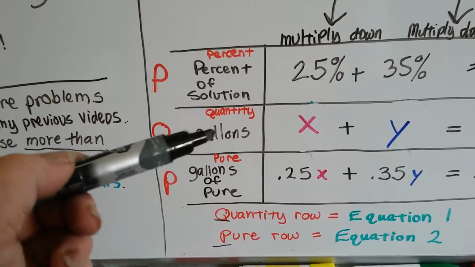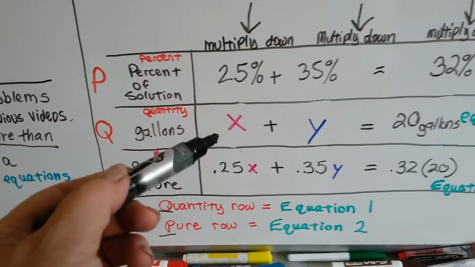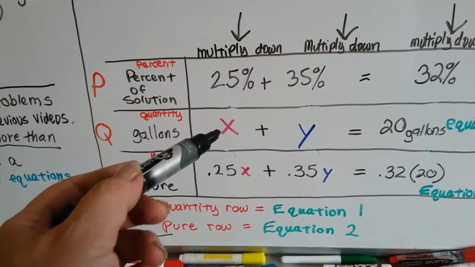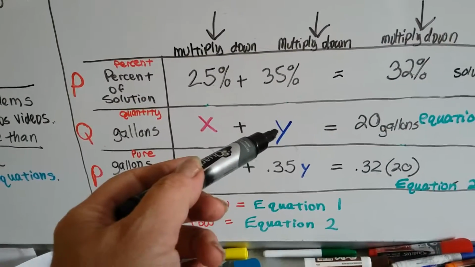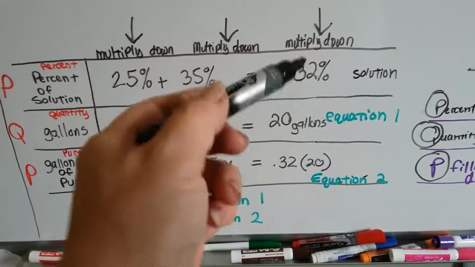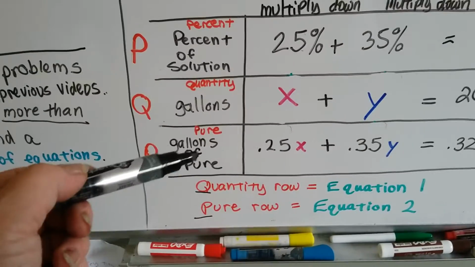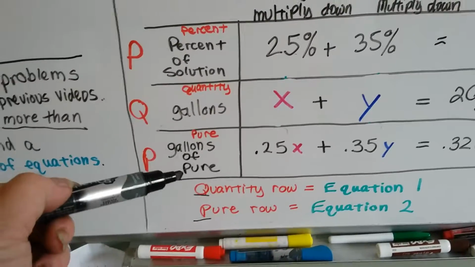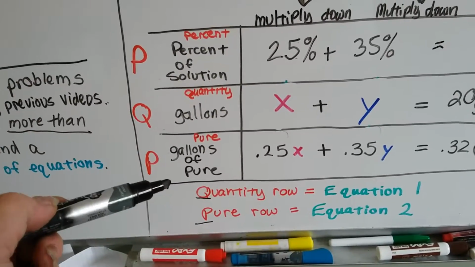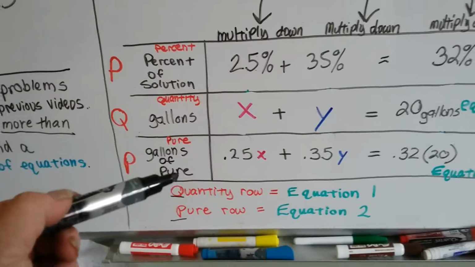So we've got our percent, now we're going to do our quantity. Well, we don't know how many gallons of the 25% we're going to have, and we don't know how many gallons of the 35% we're going to have, but we do know that the 32 is going to be 20 gallons, okay? Then our final line here is the pure. That's the PQP. And it's going to be the gallons of pure.